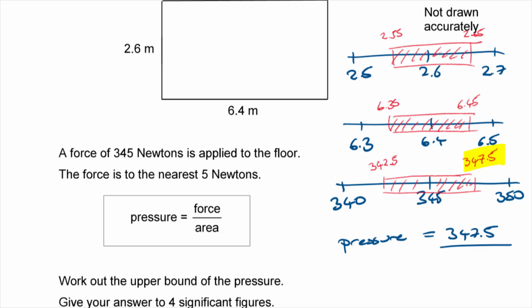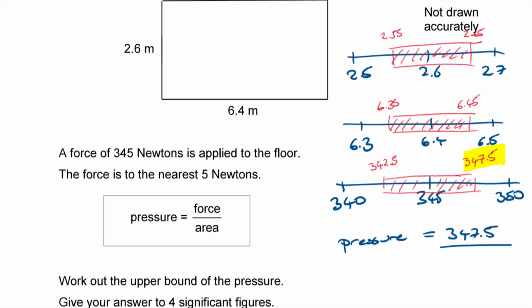For the area, am I going to take the smallest or largest possible area to make the largest possible pressure? If you're going to divide, you want to divide by the smallest possible value to give you your largest possible value. So what's my smallest possible area?